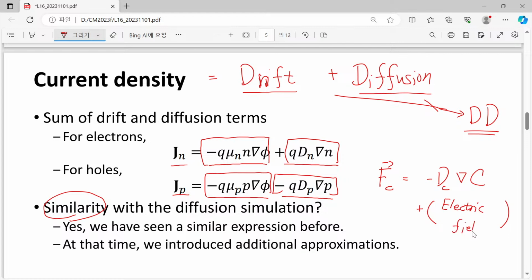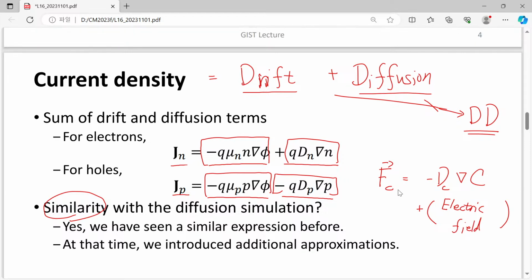So now you understand that our previous treatment of diffusion flux in the diffusion simulation is identical to these fluxes.